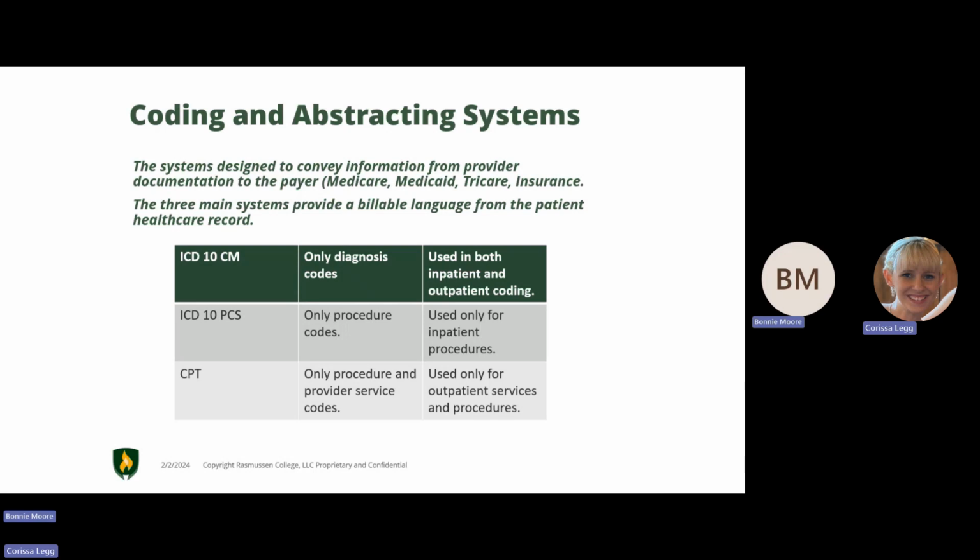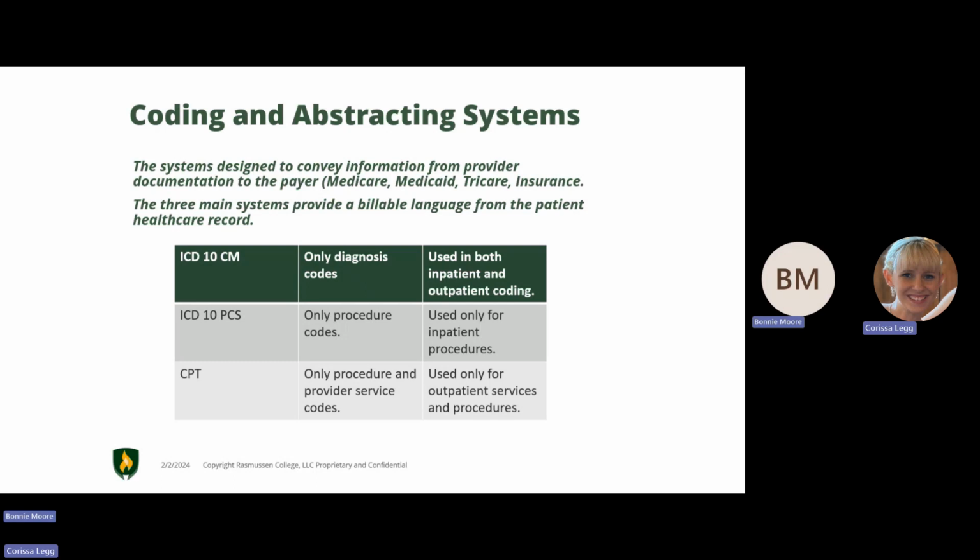The reason they are used in both is because these are the codes that prove medical necessity for whatever is being done or whatever service is provided, the x-ray that's being done, the lab that's being done, because an insurance company will not pay if medical necessity is not proven. So that's what a CM code does. They're just called diagnosis codes, and again, used for both inpatient and outpatient.